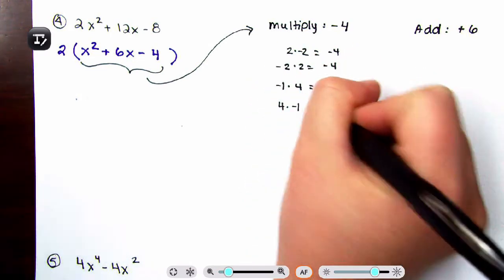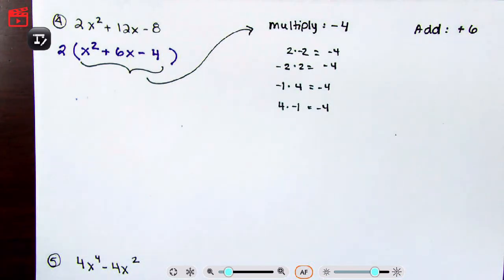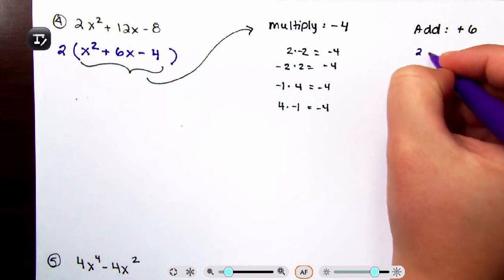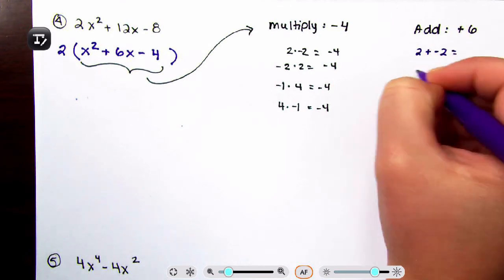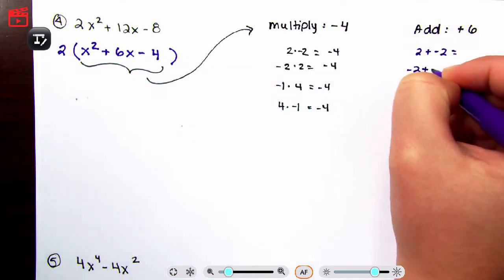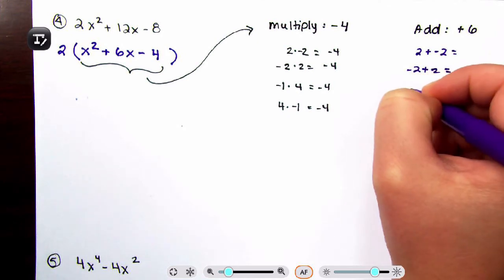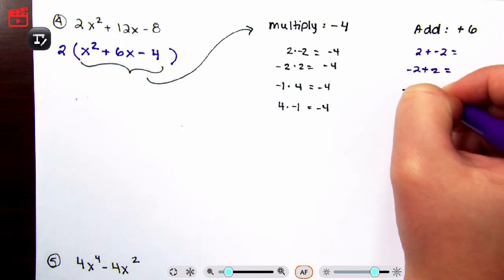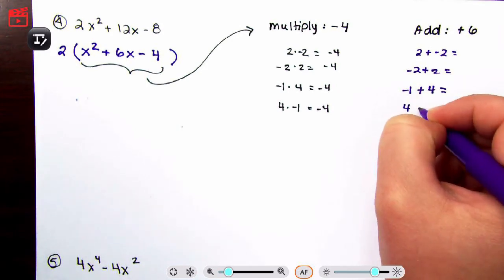And I think that's it. So let's see which one gives me a 6. I'm already having severe anxiety because I don't think there's anyone that adds up to a positive 6. And that's okay. I'll show you guys what to do if you have something like this.